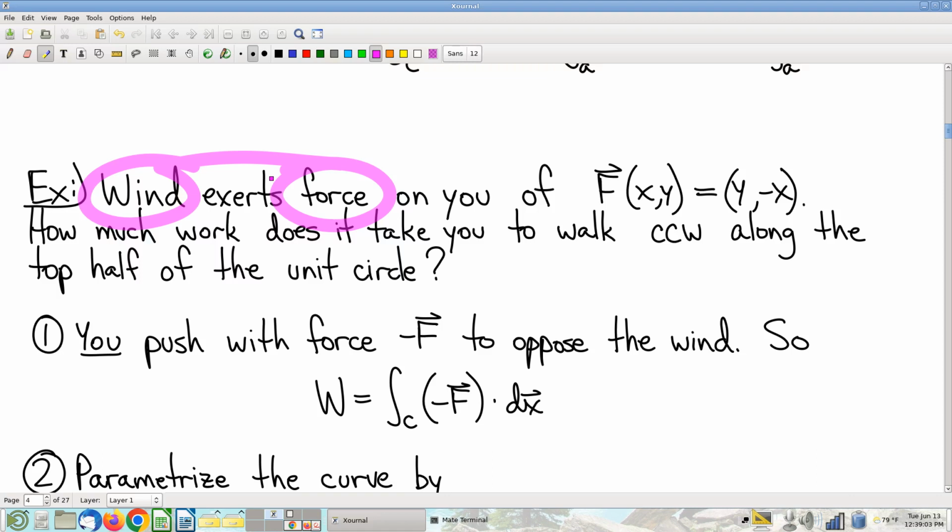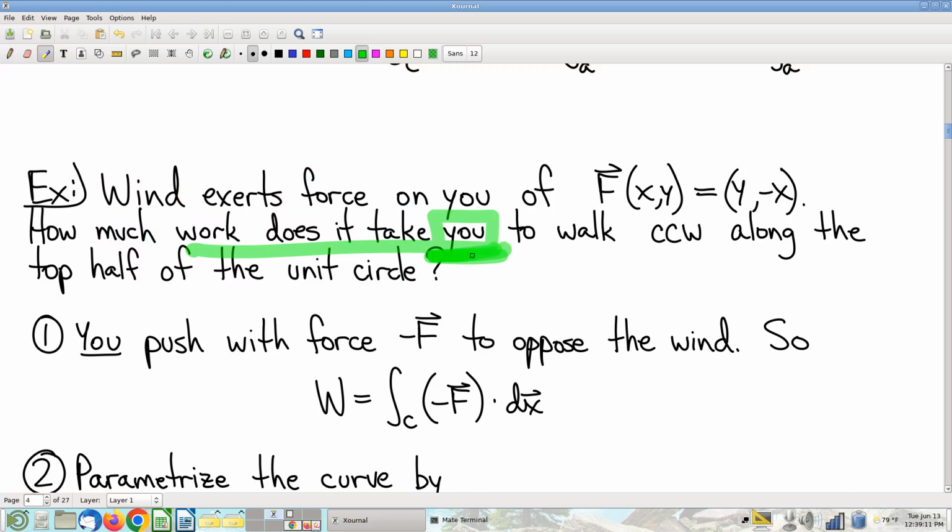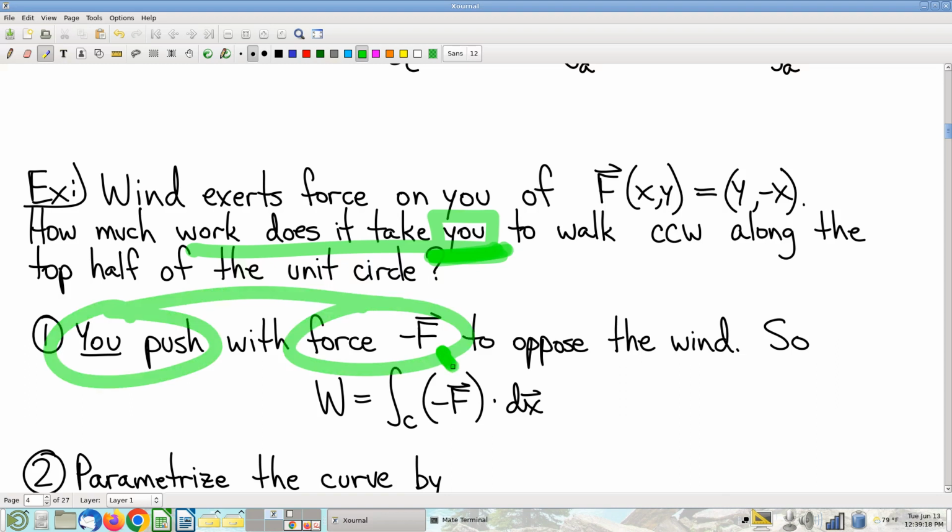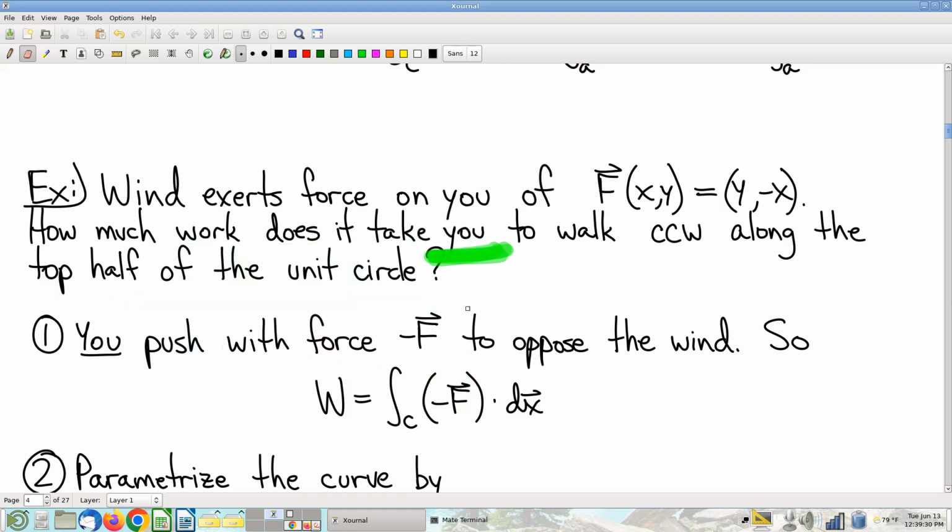And so the relevant force here, because we're looking at the work it takes you to do, is the force that you push with. I need to know that force. That's the force that goes into the integrand in our construction here. Is everybody on board with that? Again, it's just a little annoying, but you've got to be careful with that.